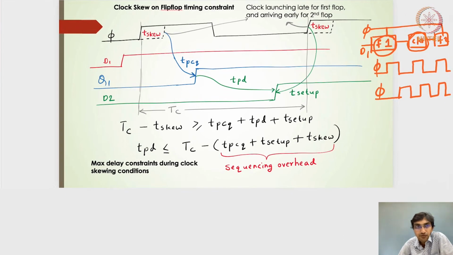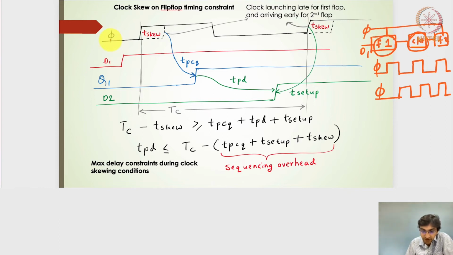So F2 is placed very near to the clock source generating circuit, and F1 is placed farthest from the clock source generating circuit.